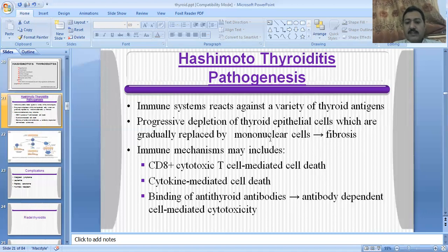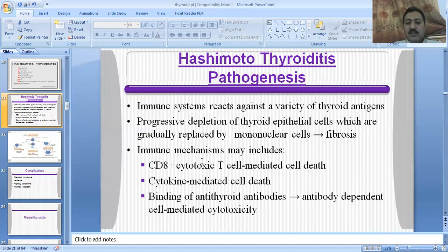Again, Hashimoto thyroiditis is basically an immunological process in which our immune system will be activated against the thyroid antigen. The thyroid antigen may be thyroglobulins, or it may be other things in the thyroid gland which activate our immune system. Our immune system activates the helper T cells and cytotoxic T cells.